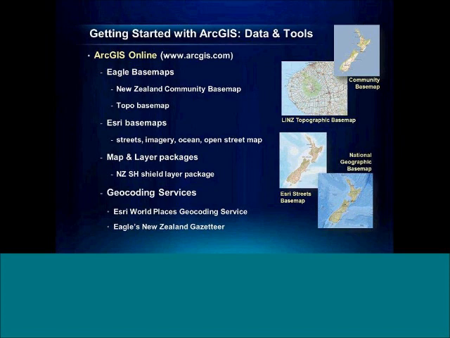Esri also produces a number of different base maps, and the Esri Streets and Esri Imagery base maps have recently been updated for New Zealand, so you'll find a lot more content there that was previously missing. And next on the list of updates for New Zealand are the Ocean base map and the National Geographic base map as well.